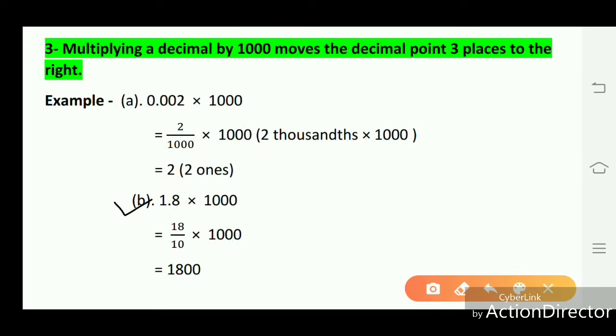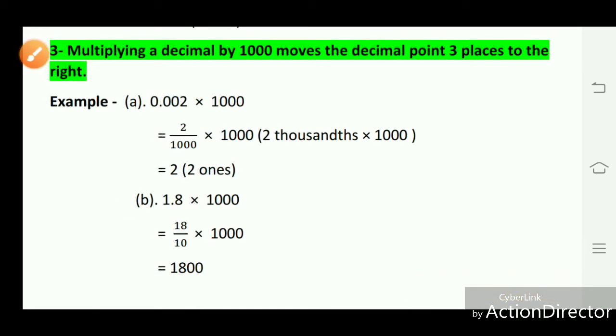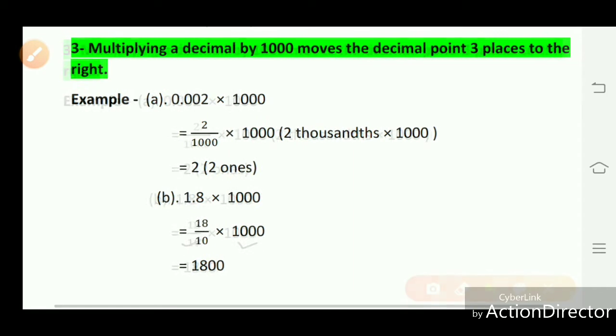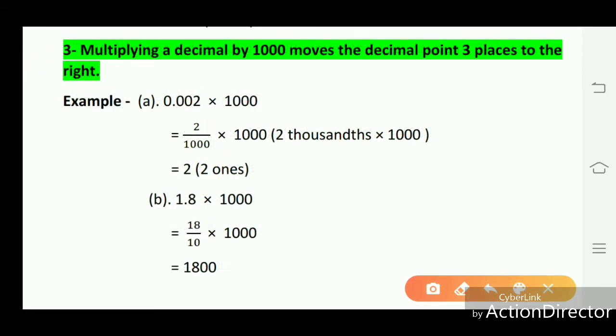Example B: 1.8 multiplied by 1000. Here we write 1.8 in fraction form as 18 upon 10, because this number has one digit after the decimal. So 18 upon 10 multiplied by 1000. We also cut the zeros from here and here, one 0 from here and one 0 from here.